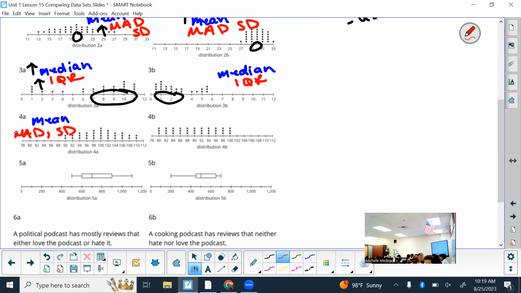Table 9 for B, mean or median? For B, mean or median? And then what for the spread? Okay, good. Which one do we expect to have a higher mean, class? A. Most of the data is centered around the 100 here versus, I guess my middle would be somewhere around here.